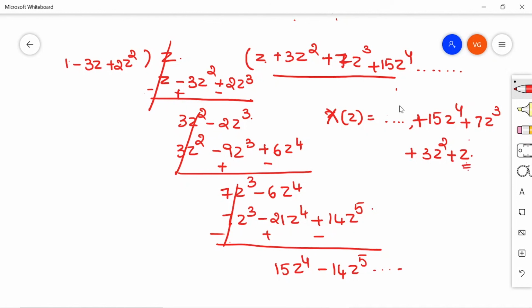So X of n, if you are writing, you will get the sequence. All the coefficients you write: 15, 7, 3, 1, 0 only. From there onwards, it will be 0 only. So this is the way to find out X of n using the long division method or power series expansion method. By inspecting the first 3 to 4 terms itself, you will get the sequence here.